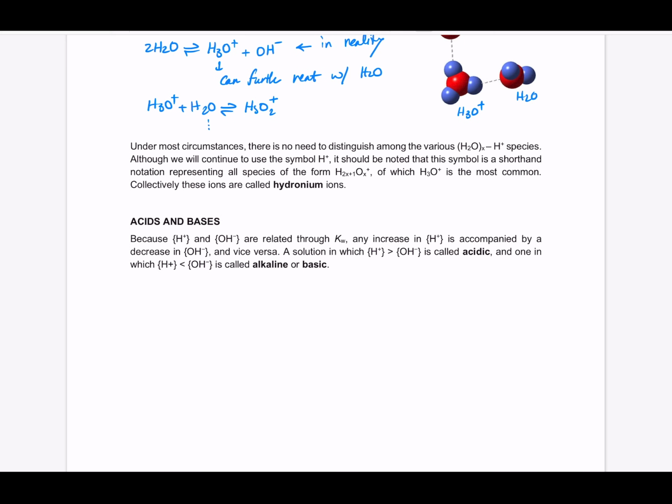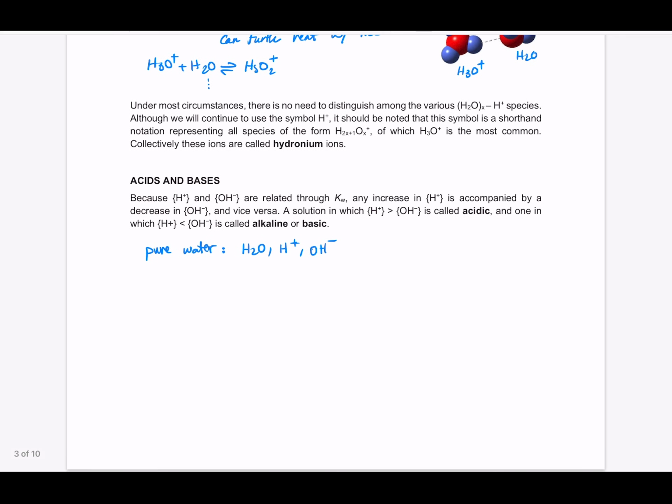So for pure water, the species we have is basically H2O, H plus, and OH minus. At equilibrium, we have Kw, H plus, OH minus.